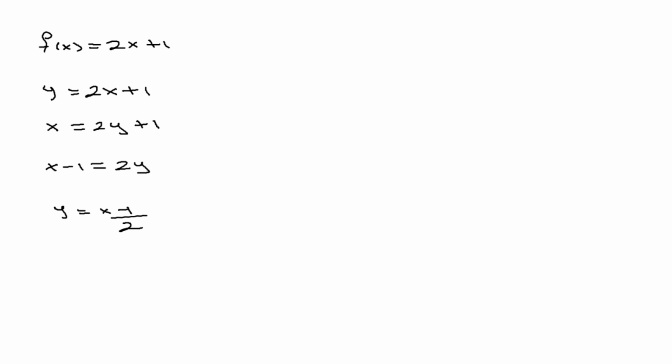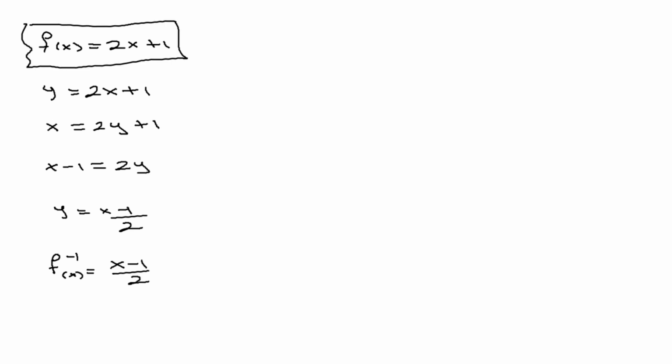So the inverse function of f of x equals (x minus 1) over 2. So these two functions are inverses of each other. We're going to graph both functions, and we're going to see if it's true that they are symmetric with respect to the line y equals x.